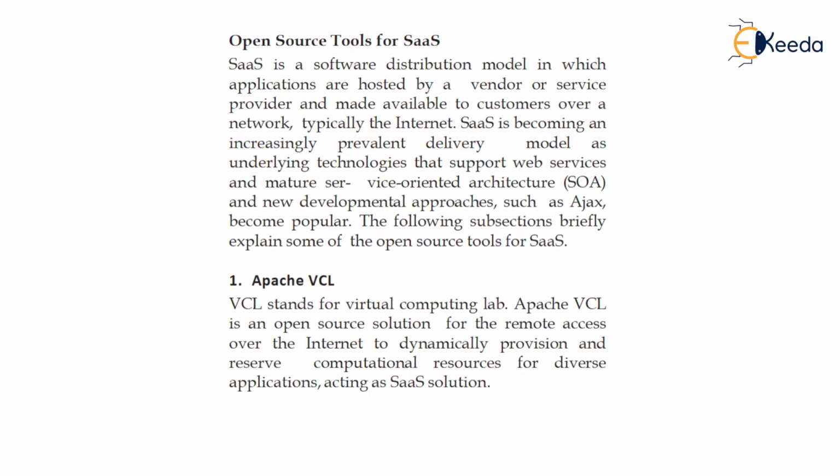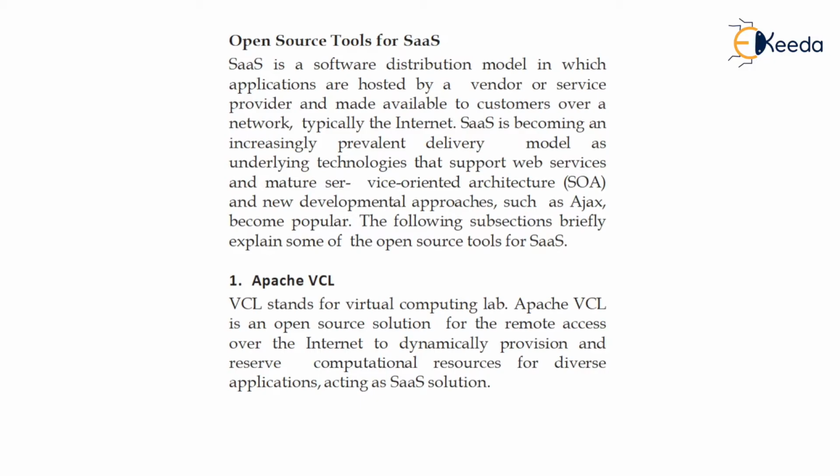A conceptual overview of Apache VCL consists of a remote user connecting to the VCL scheduling application and requesting access to a desired application environment. The application environment consists of an operating system and a suite of applications.